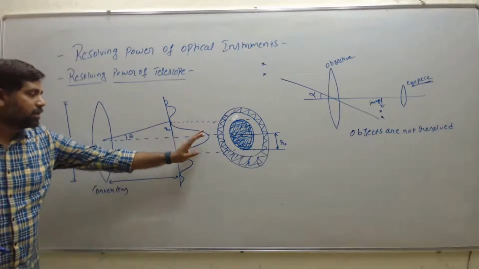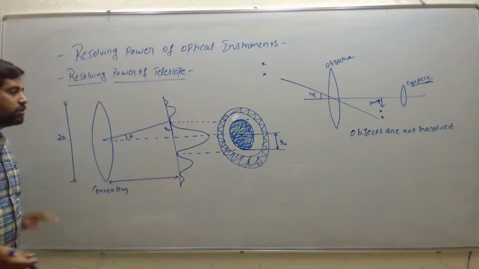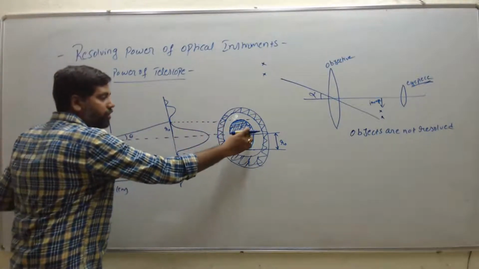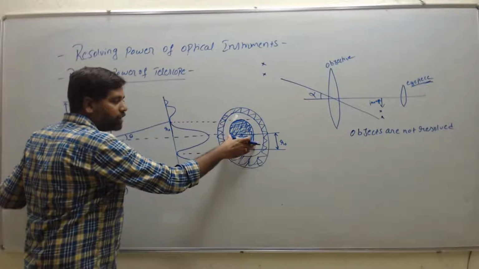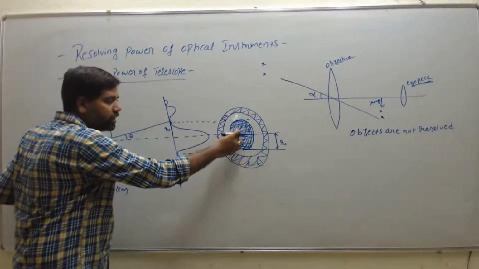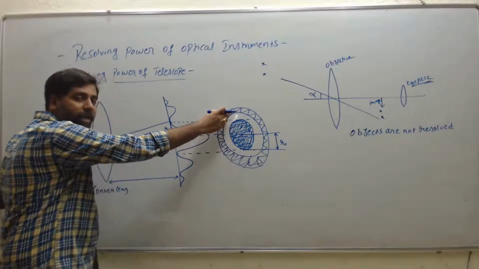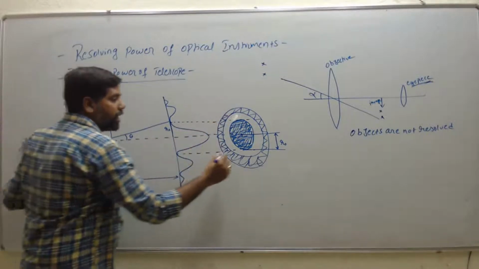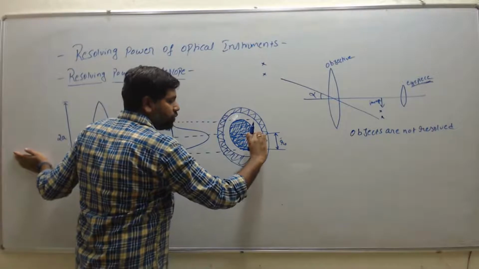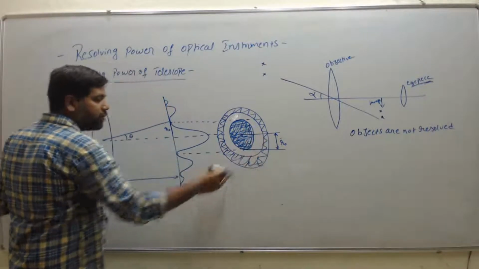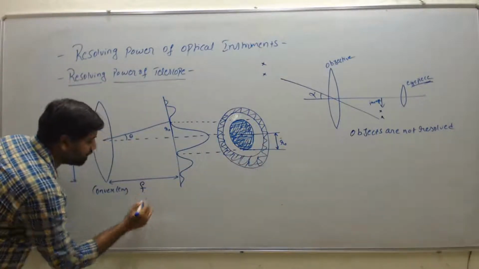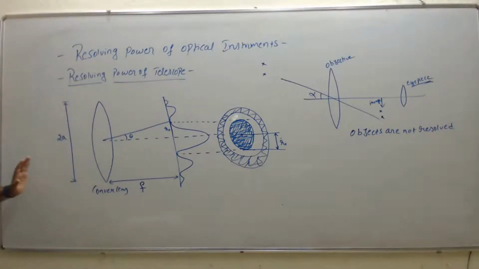Here we are getting the diffraction patterns. As viewed from the front face, we will get the diffraction pattern in the circular region. In the center we have the bright region, then alternate dark and bright regions. If we find the radius of the central bright region, here is the focal length f.